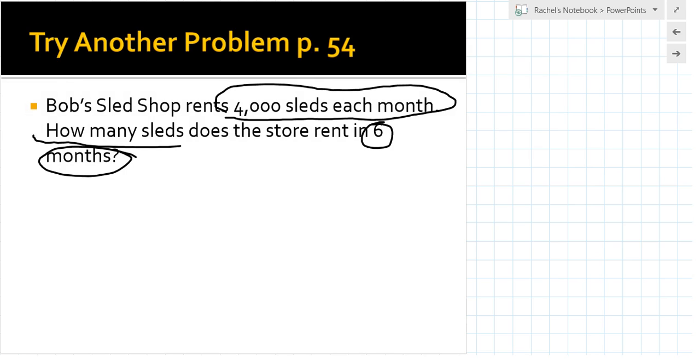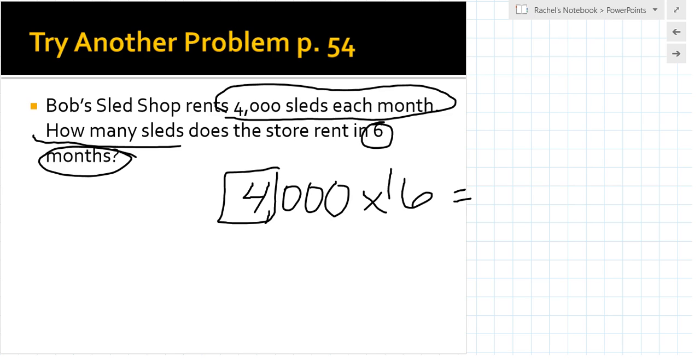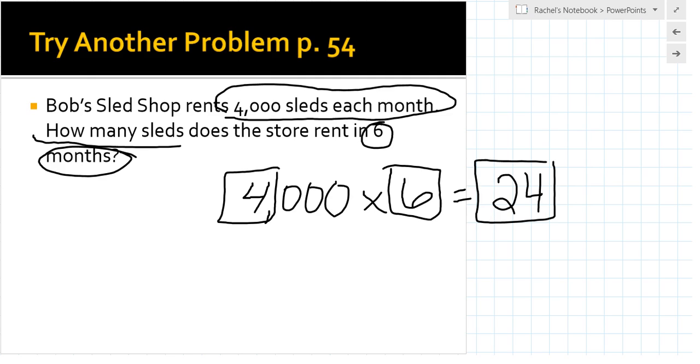So using the easiest strategy with the pattern in mental math, students should realize that it's really 4,000 times 6. Putting a box around that basic fact, 4 times 6 is 24. And then we see there's 3 zeros. So the pattern is represented in the product, 24,000.